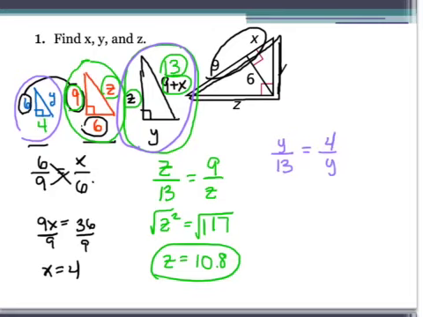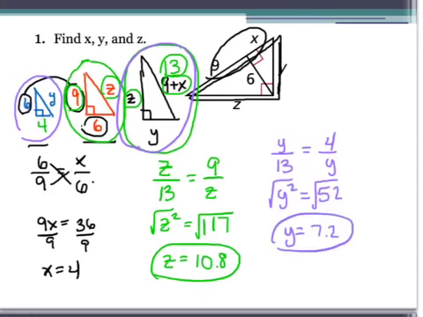And I can go ahead and cross multiply those. So y squared equals 13 times 4, which is 52. Take the square root of both sides, and the square root of 52 is approximately 7.2. So now I have found all three variables.